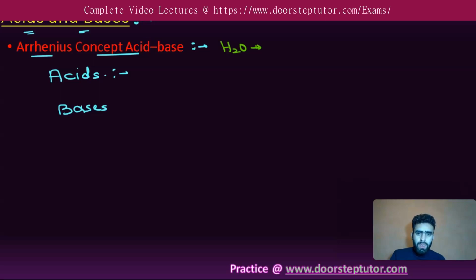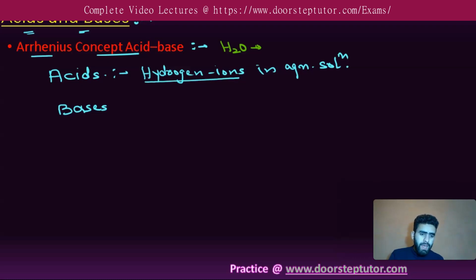So according to the Arrhenius concept, an acid is a substance which gives hydrogen ions in aqueous solution. Any substance which, when dissolved in an aqueous solution, gives hydrogen ion will be regarded as an acid.